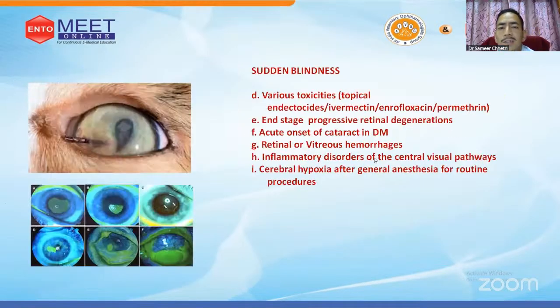Other causes include various toxicities with the use of topical endectocides, ivermectin, enrofloxacin in felines, permethrin, end-stage progressive retinal degeneration, acute onset of cataract in diabetes mellitus, retinal or vitreous hemorrhage, inflammatory disorders of the central visual pathways, and cerebral hypoxia after general anesthesia for routine procedures. So all these factors and situations are responsible for sudden blindness in the pet, which needs to be immediately addressed.